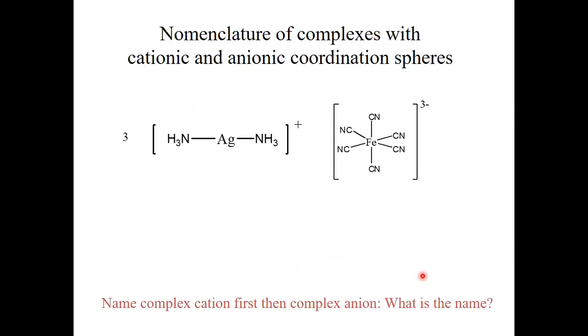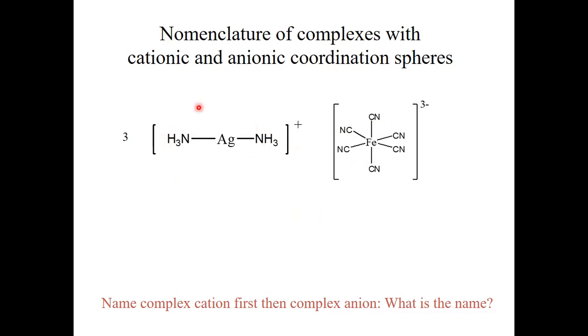Okay, now there can of course be cases in which we have coordination compounds that are made of a complex cation and a complex anion. So in this case, the same rules apply, just that we name the complex cation first and the complex anion last. So what would be the name of this then?